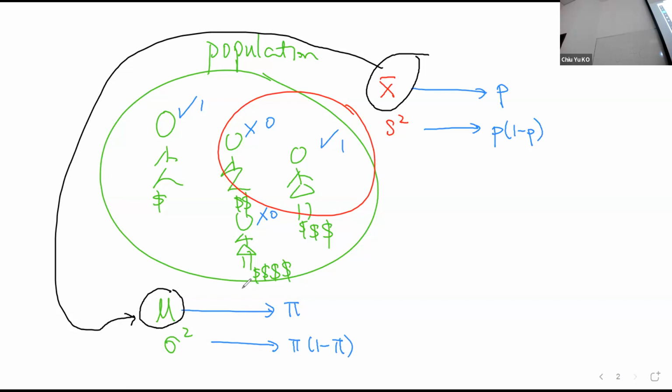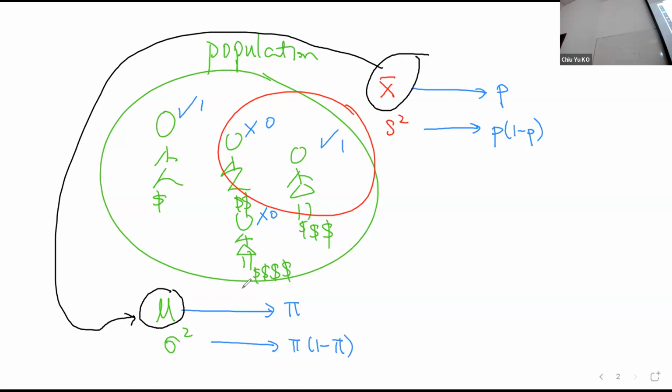We try to see if this claim is supported by data or not. So the direction is kind of reversed. We have some knowledge on mu, and we want to know whether the data we collect, which is X bar, is consistent with our knowledge on mu.